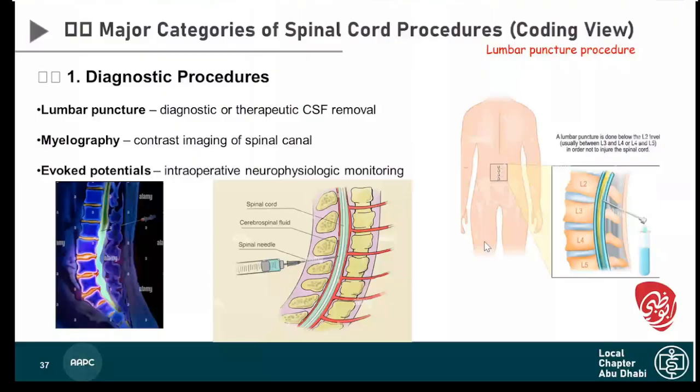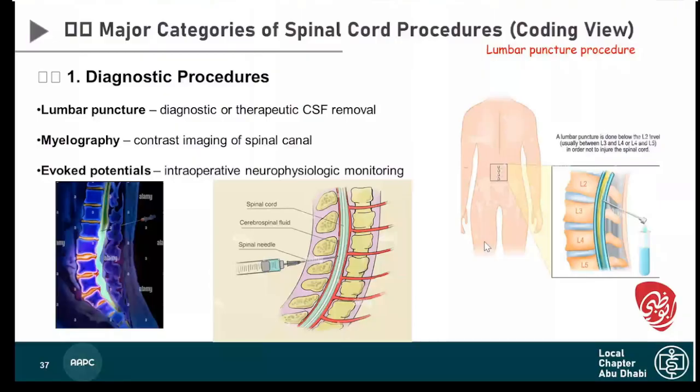What is lumbar puncture? Lumbar puncture means diagnostic or therapeutic CSF removal. CSF means cerebrospinal fluid, which we can see within the spinal canal around the spinal cord.